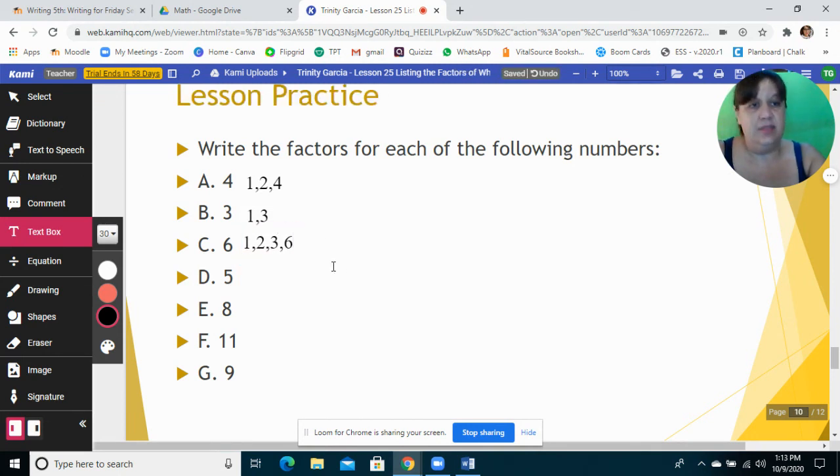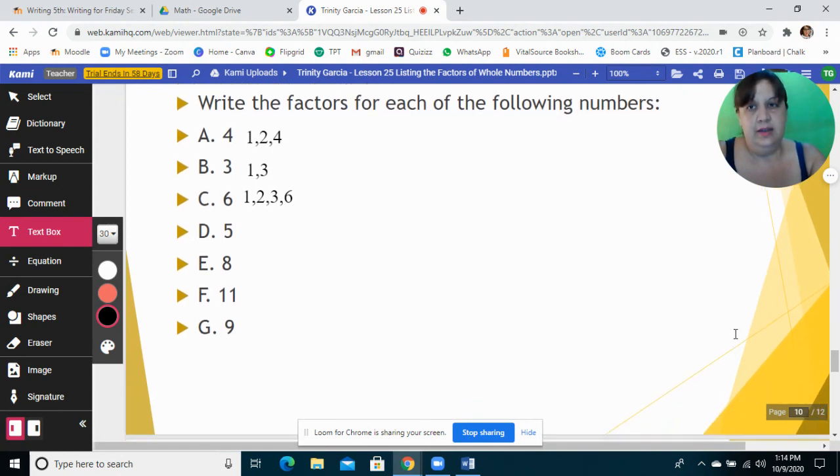That's the key, that you want to leave no remainder. Okay, because 5 can go into 6 one time, but it would have a remainder of 1, so that does not count as a factor. Okay, you do D, E, F, and G on your own. When you're ready, come back and push play.